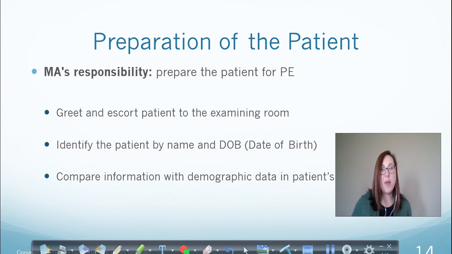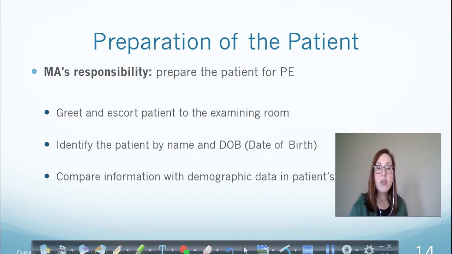So preparing your patient. That's your responsibility in the doctor's office, to prepare the patient for the exam. You're going to, of course, greet the patient in the waiting room and take them back to the exam room. The big patient identifiers, which are important for you to know, are name and date of birth. That's how you identify your patient.